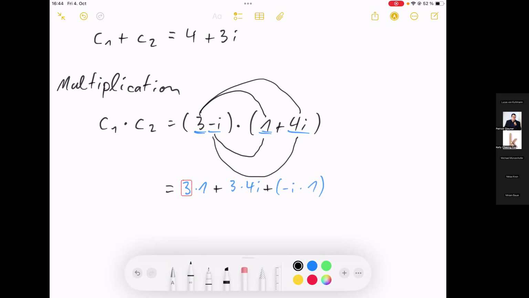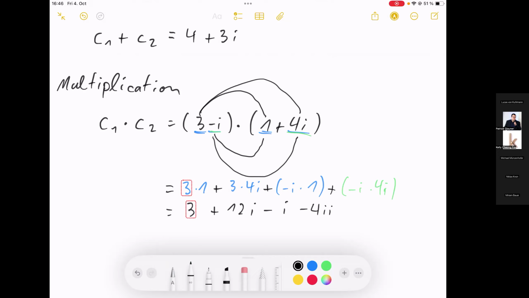And then the last one here, that's the more tricky one, it's minus i times 4i. We can all sum this up now. So this is 3 plus 12i minus i. And here it's 4 times i times minus i. So it's minus 4 times i times i.